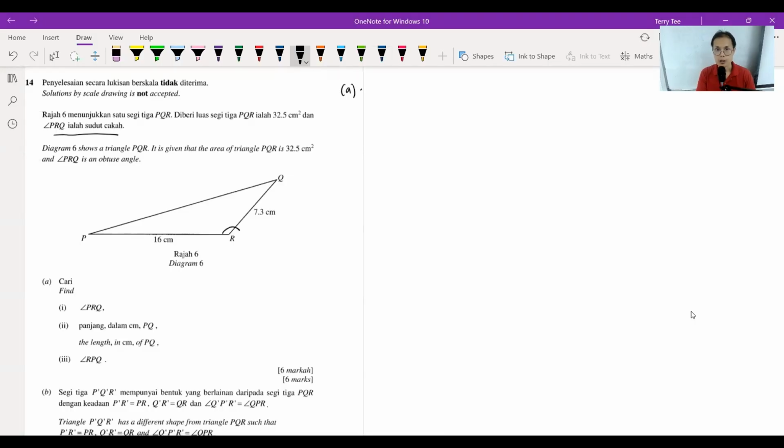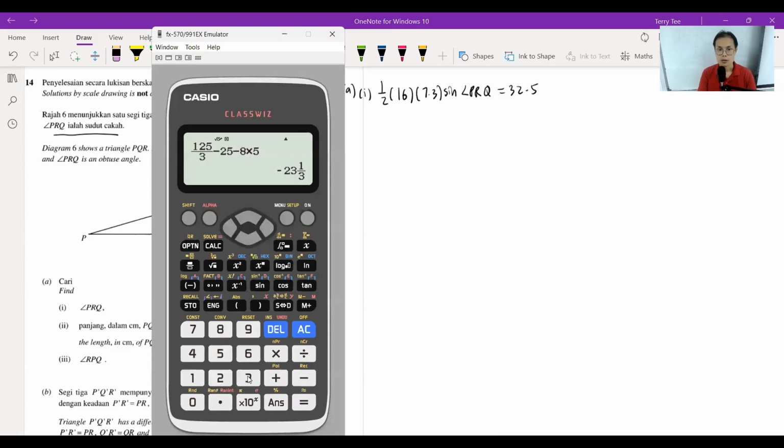So first, I will take half ab sin C, formula for area of triangle, luas segitiga, sin sudut PRQ, result 32.5. Okay, so here we can use calculator. 32.5 times 2 divide 16 divide 7.3.